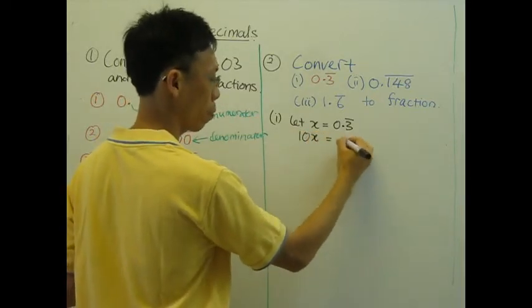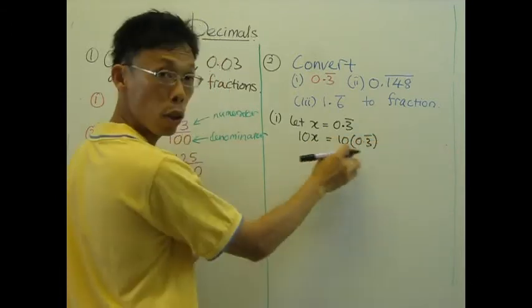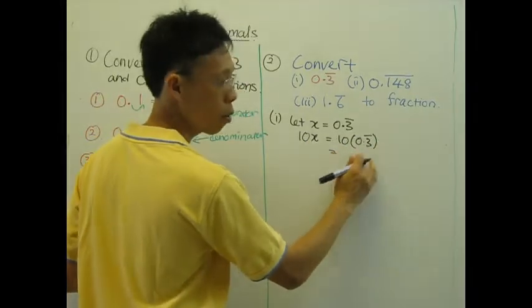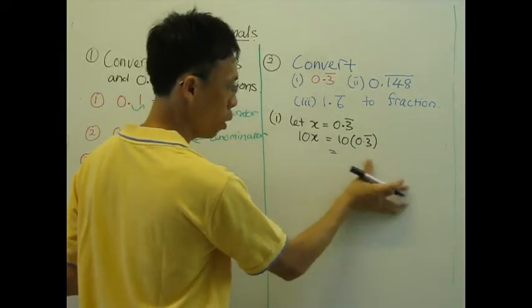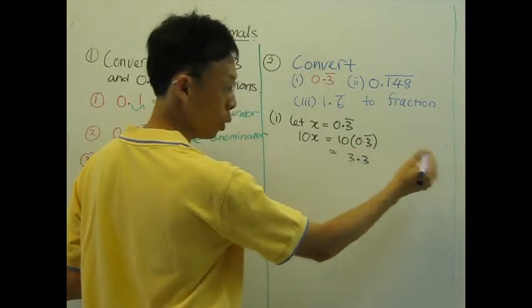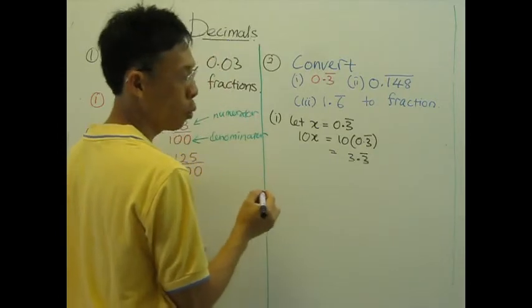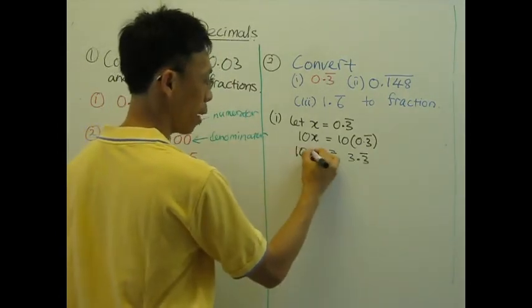So 10x. If I multiply by 10, then this side becomes 3.33333, which is 3.3 with a bar. Okay, here will be 10x here.